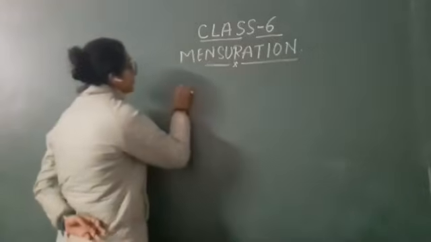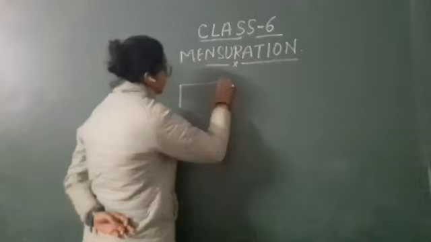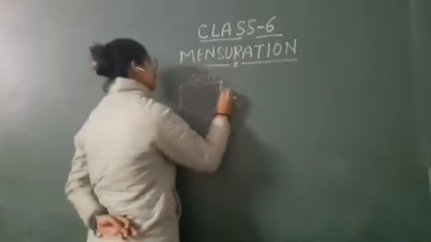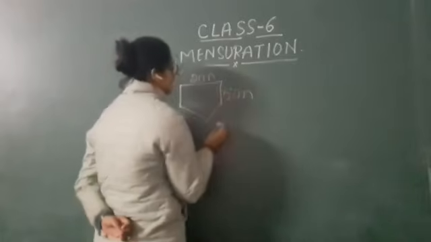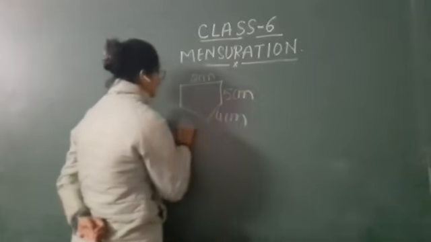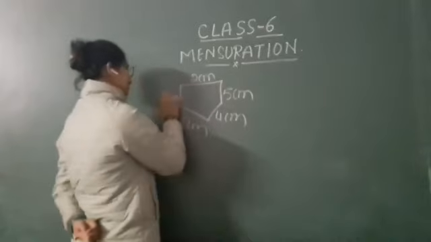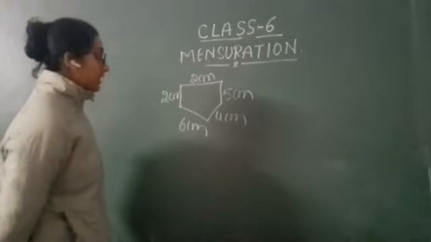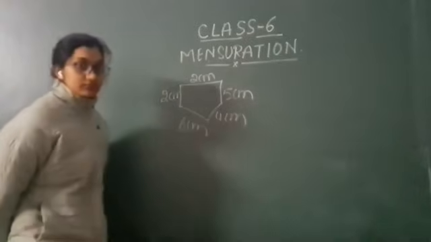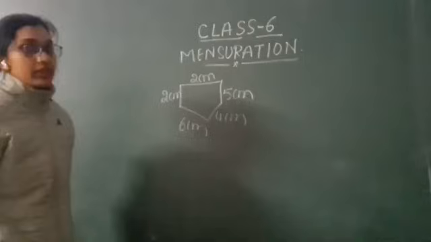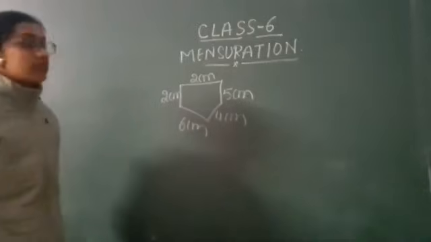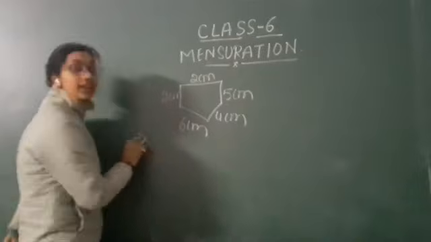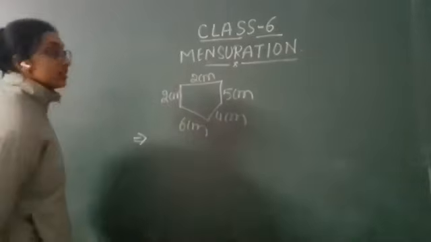Now, some more figures. How will we find the perimeter of this closed figure? Just now we talked about the perimeter, in which we have to add all the sides.